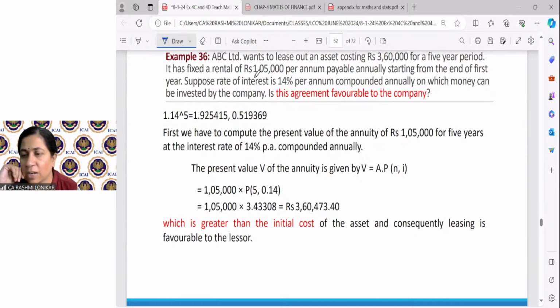It has a fixed rental of 105,000 per annum payable annually starting from the end of the first year. Okay, so this you have to just see. It is from the end of the first year. Suppose the rate of interest is 14% compounded annually on which money can be invested by the company. Is this agreeable, favorable to the company?